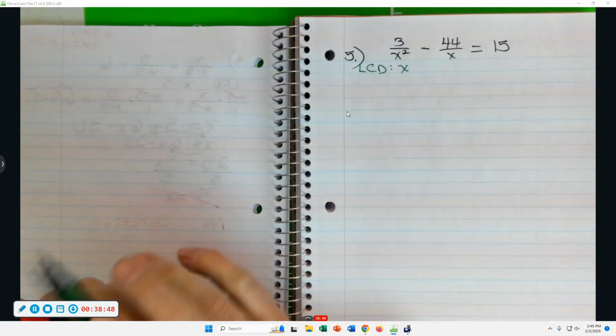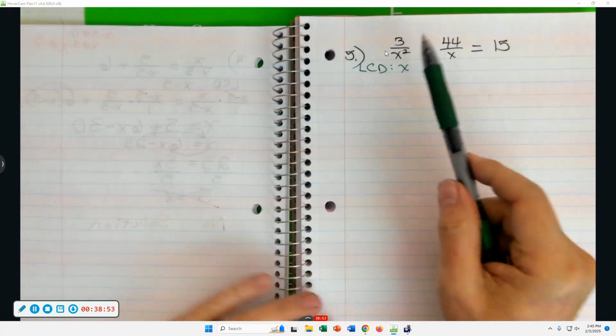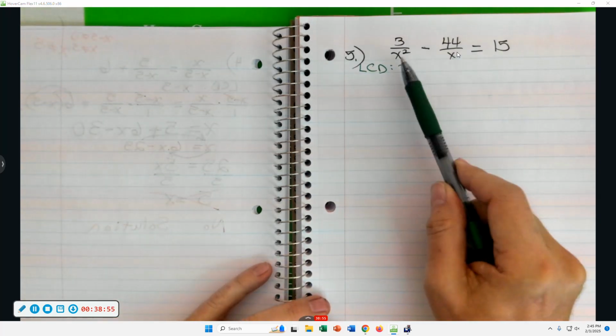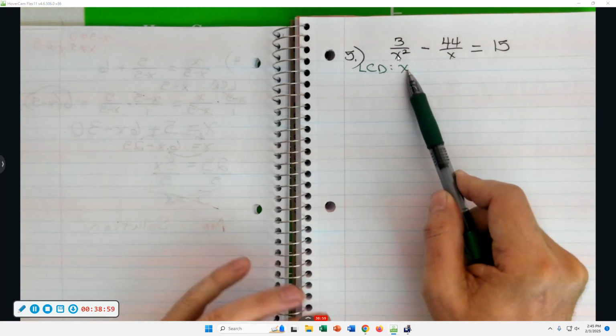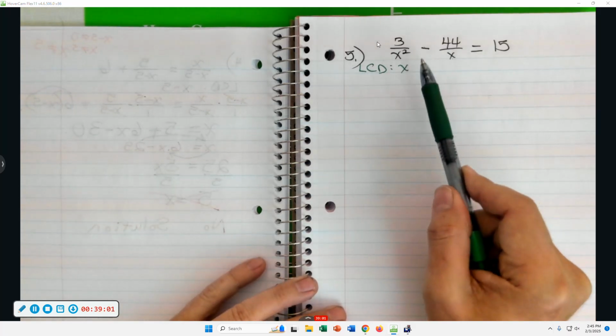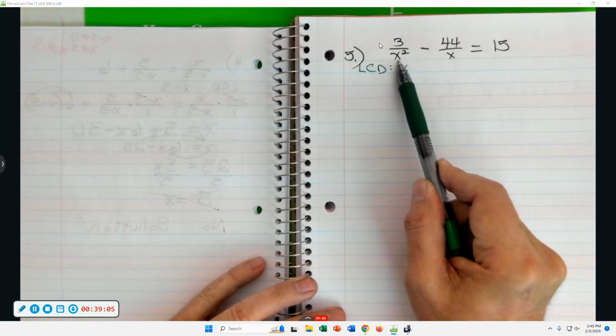You have a repeated factor of x, you have an x squared and an x to the first, and they'll try to just use an x. If you use just an x, will you cancel out that entire denominator?